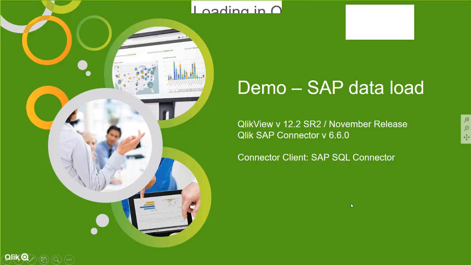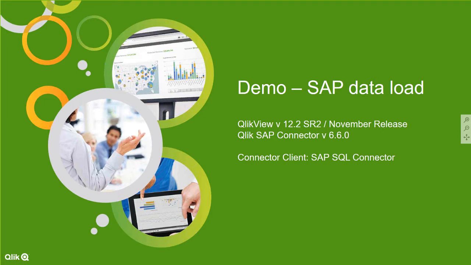So let me show you a brief demonstration of how that works. In my example, I will use QlikView version 12.2 SR2, the November release. And I will use the latest connector version, the Qlik SAP Connector version 6.6.